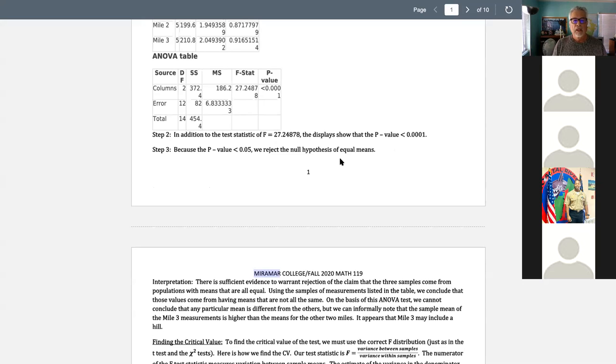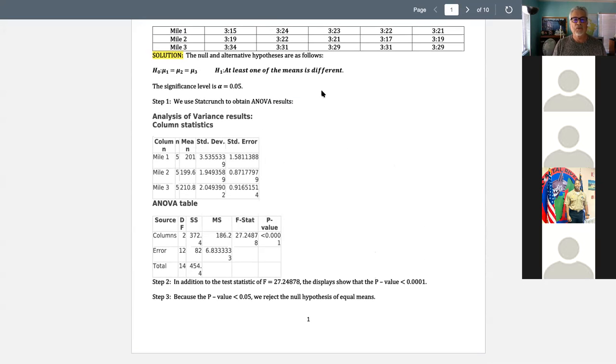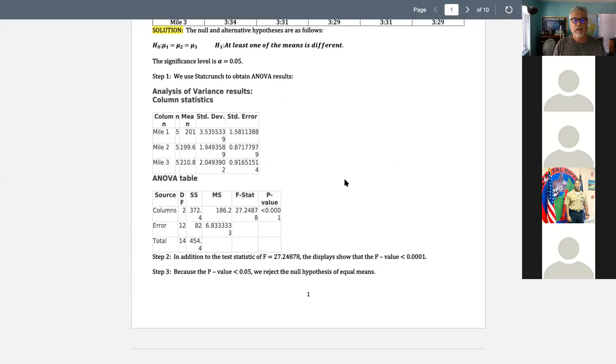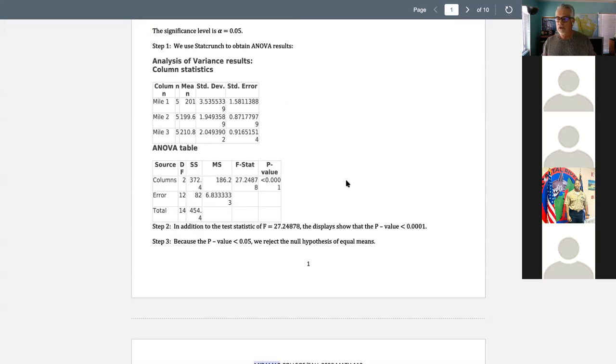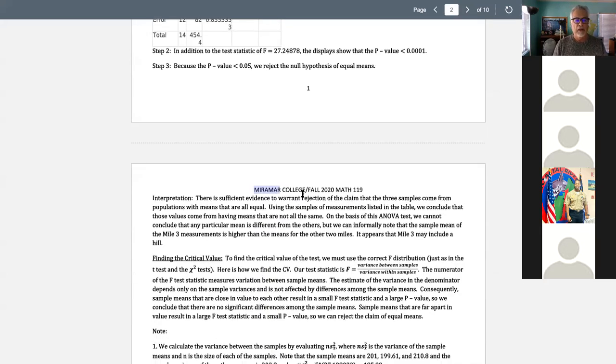And our conclusion is that at least one of the means is different. So that's an overview of how the F-test works. And you're probably wondering, well, how do I calculate my F-stat? And how do I calculate my critical value for this test? All right, so we'll talk a little bit about that now.